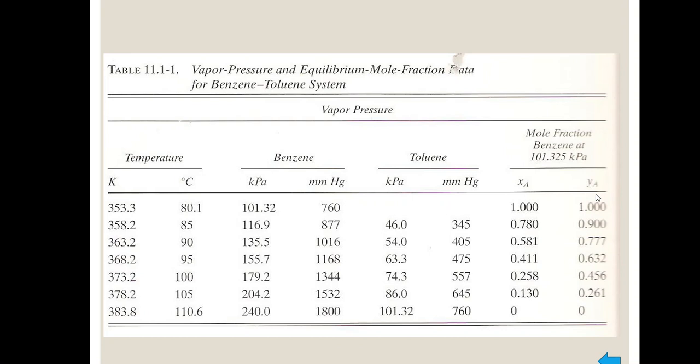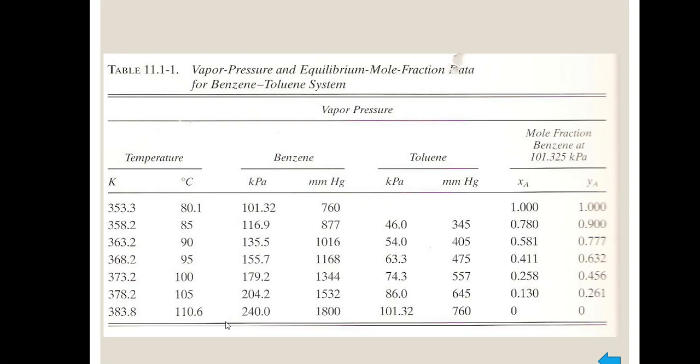Now, how do we interpret the data that we are seeing in this table? In problems, we are usually at all times given the temperature. So given the temperature, you will be able to pick from a specified column, depending on the unit that you want to use for vapor pressure, the values of vapor pressure of benzene and toluene. So let's say I want the vapor pressure of benzene and toluene at 110.6 degrees Celsius.